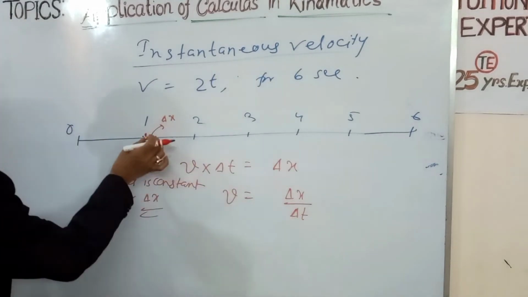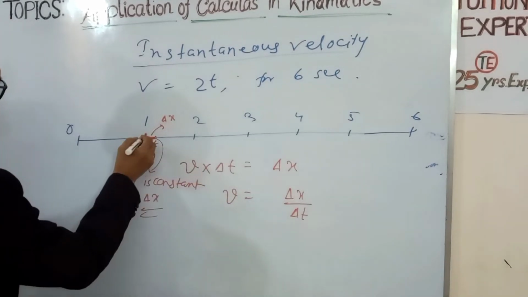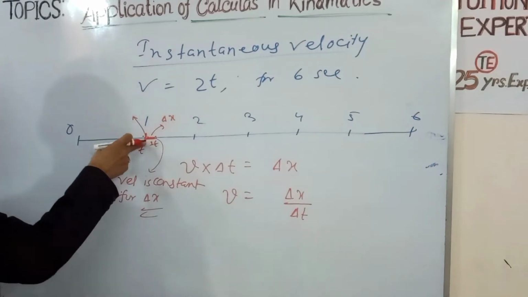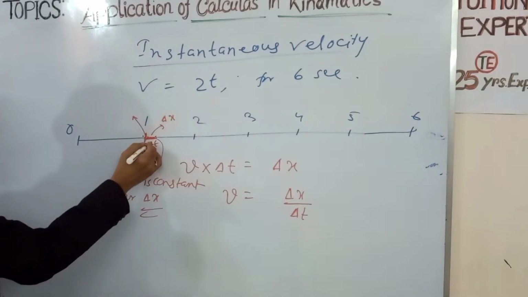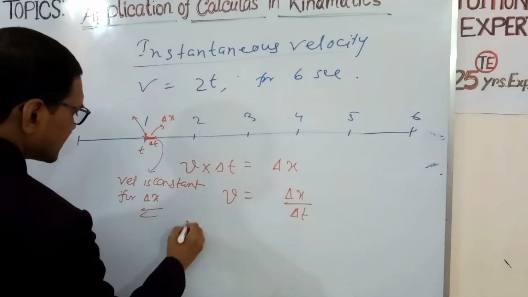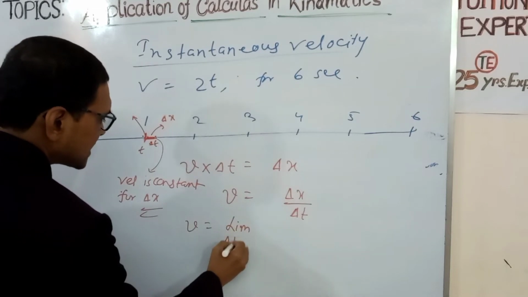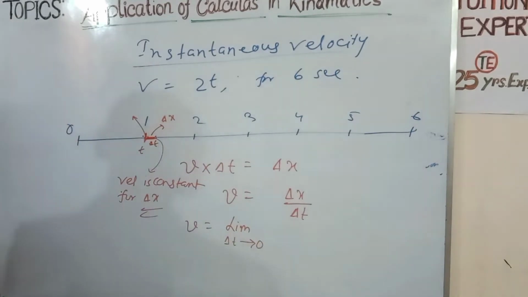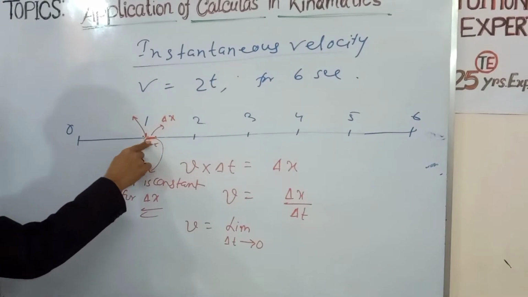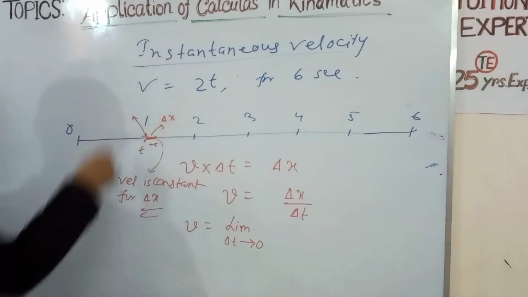Del t, this time gap, has some value. If we have to calculate the velocity at that moment, then we have to make the time span small, that is del t tends to 0. If this time becomes 0, then we consider that velocity at that moment.